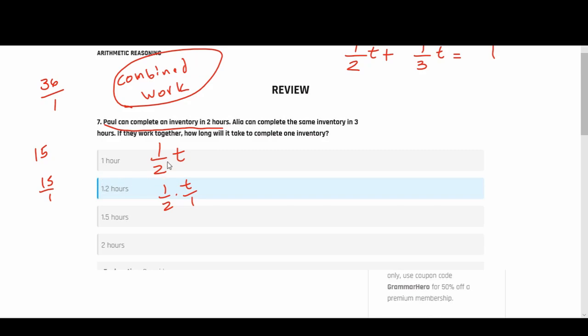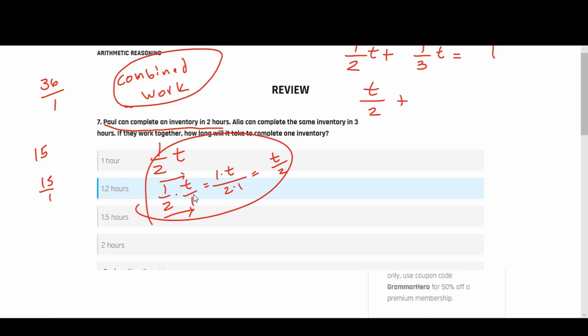Now, this is multiplication of fractions, so you just multiply straight across. That is, you do 1 times t and 2 times 1. So anything times 1 is itself, t over 2. Okay, so I like to take this t and just put it in the numerator using this rule right here.